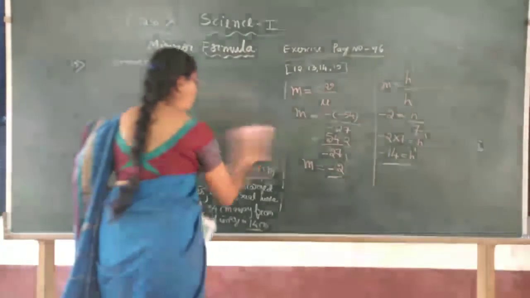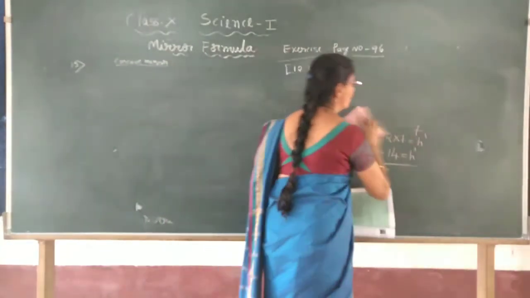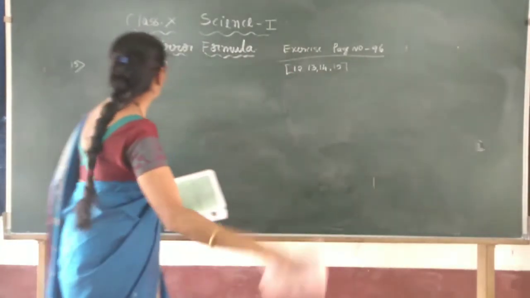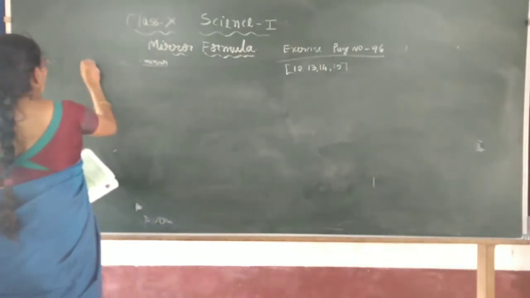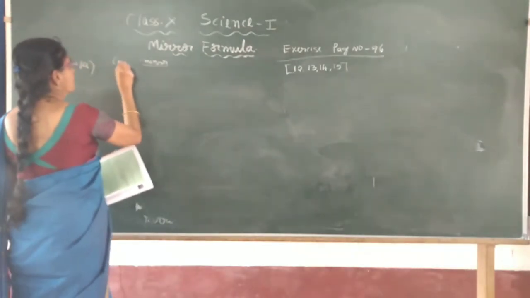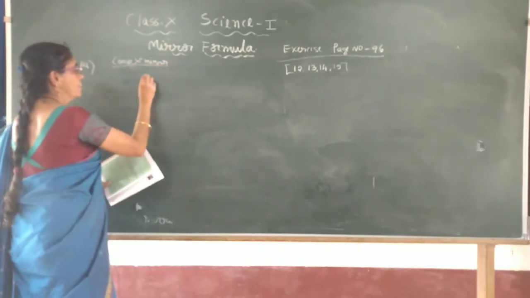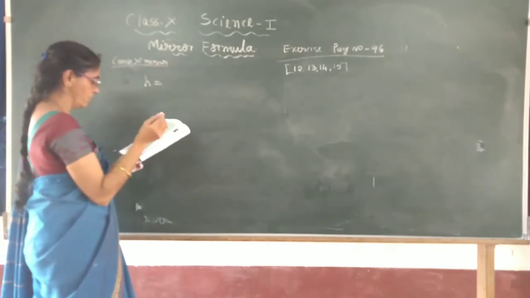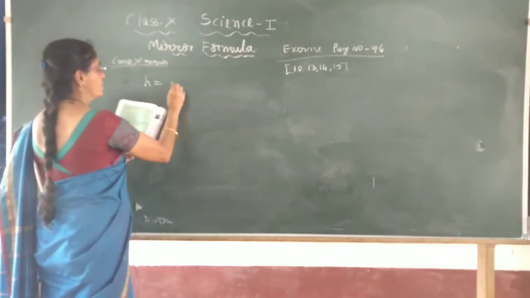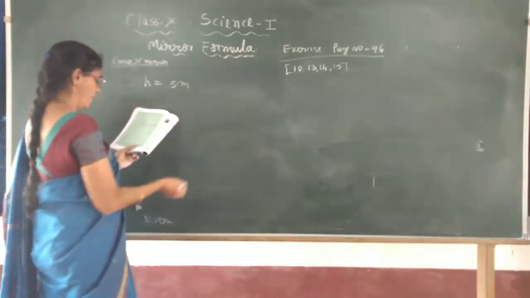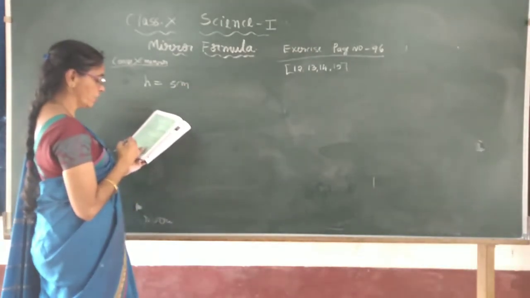So the 14th problem, briefly I will indicate it, you can try it. It is a convex mirror. Height of the object is given, it is 5 centimeter, placed at a distance of 20 centimeter.